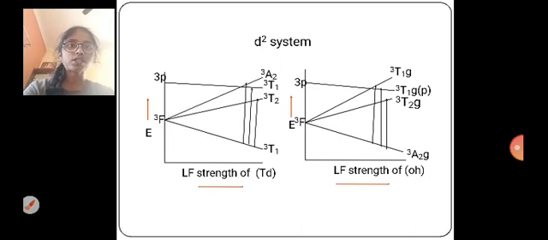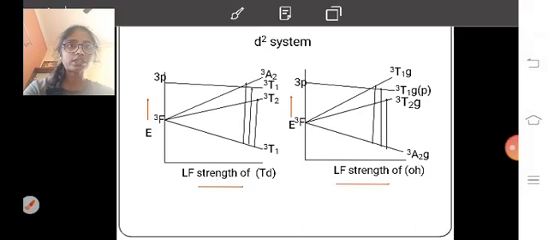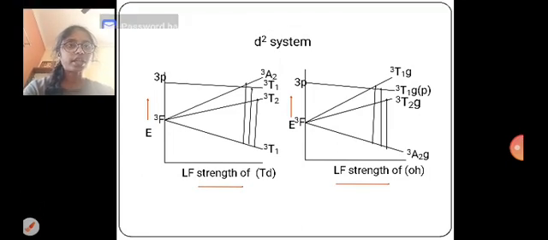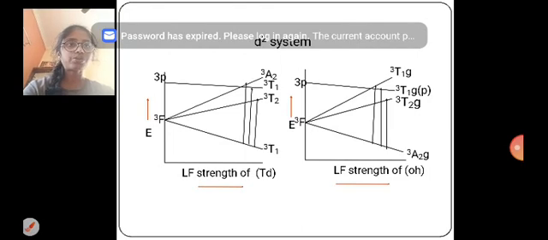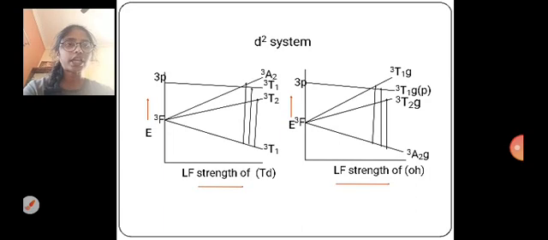The electronic transition may take place from T1 to T2 or T1 to T1 and T1 to A2 in tetrahedral field, and in the octahedral field the electronic transition can be from A2g to T2g, or A2g to T1g, or A2g to T1g.